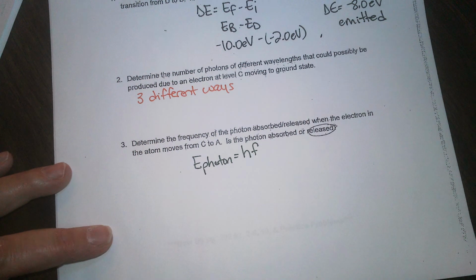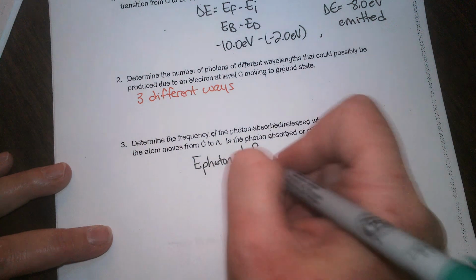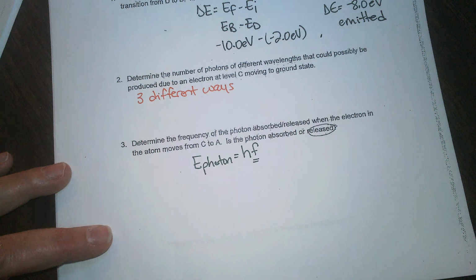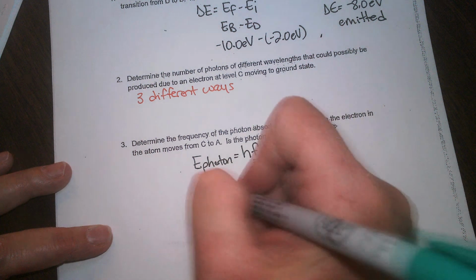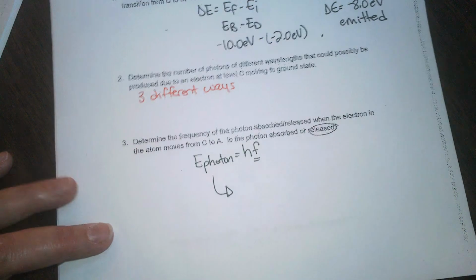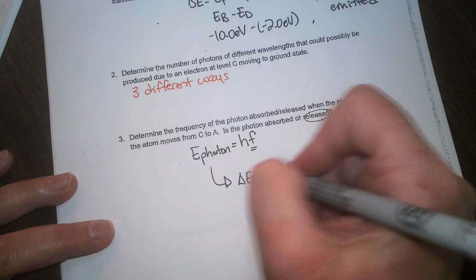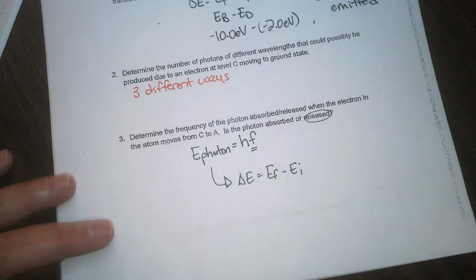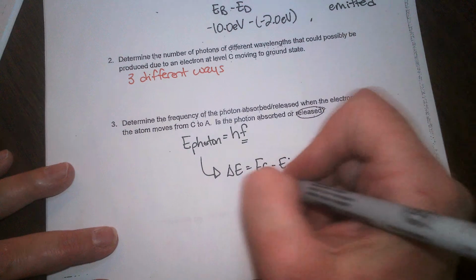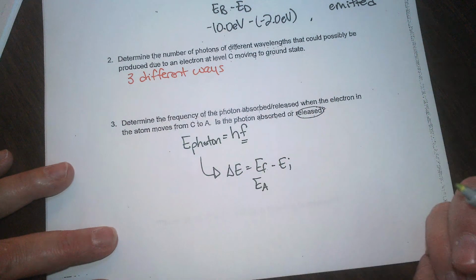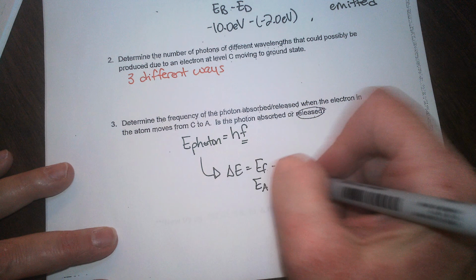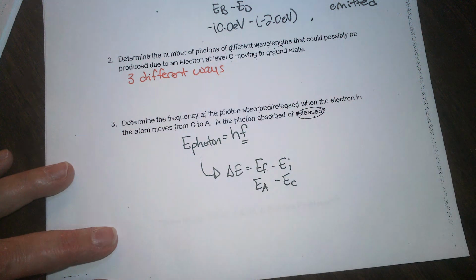That's how we're going to solve this. What piece of information don't we have? We don't have the energy of the photon. How do we get it? Delta E is equal to EF minus EI, EF being E at the A level and EI being E at the C level.